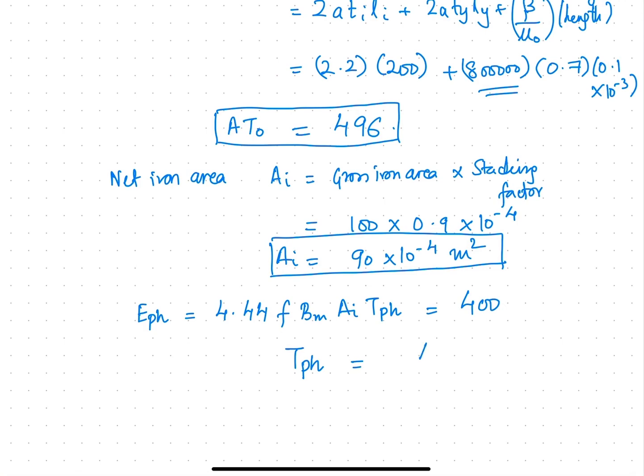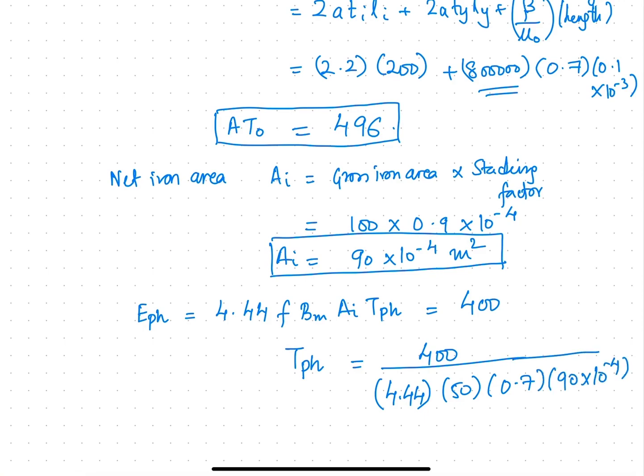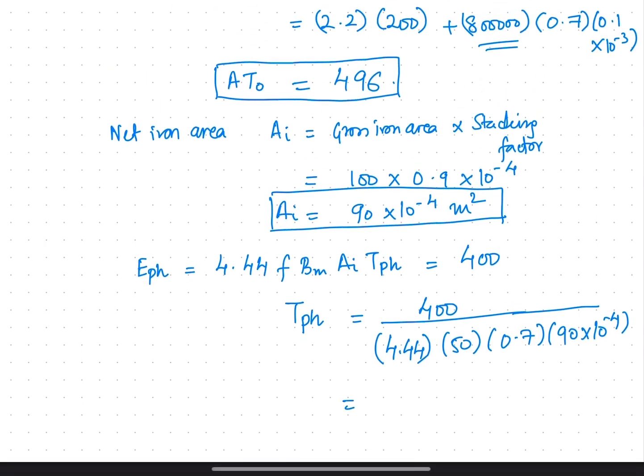That is 400 divided by 4.44 divided by 50 times 0.7 into 90 into 10 to the power minus 4. So we get the turns to be equal to 286.